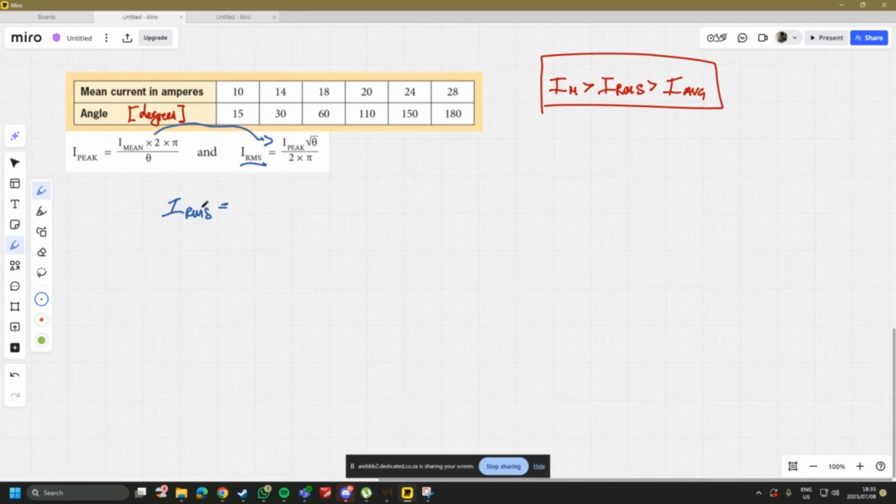That will then give you, let's say, the RMS will now be the average or mean times 2 pi over theta. That's then going to be the square root of theta over 2 pi.